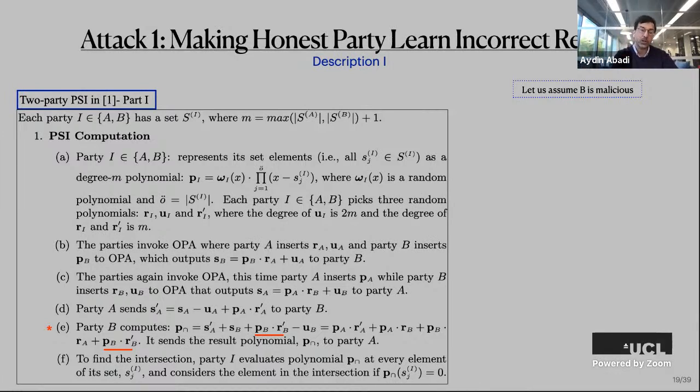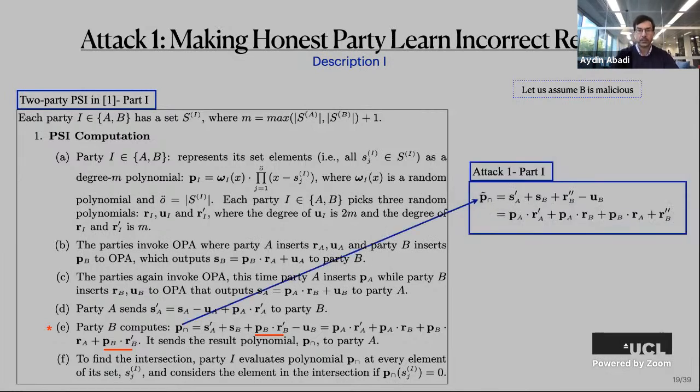However, the malicious party B can deviate from this protocol. Instead of this underlined product, it can replace it with a random polynomial, which I'm calling R''_B. So we don't have P_B included in that R'_B. It's just a pure random polynomial.